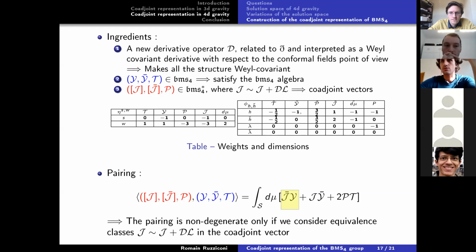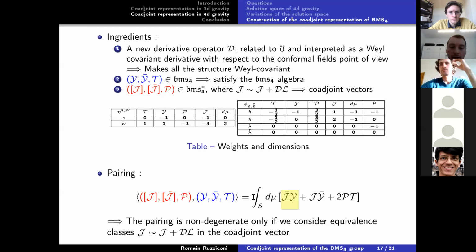So therefore, they would be in this quadrant representation. So my first question is: are you finding charges again here? And is it correct to think of this work as sort of rederiving the BMS charges, but from a representation perspective?